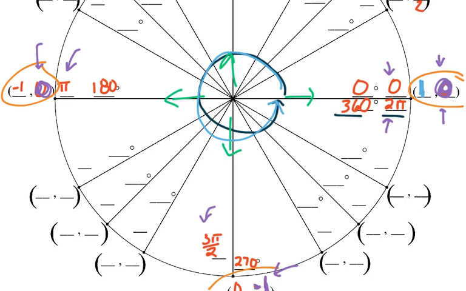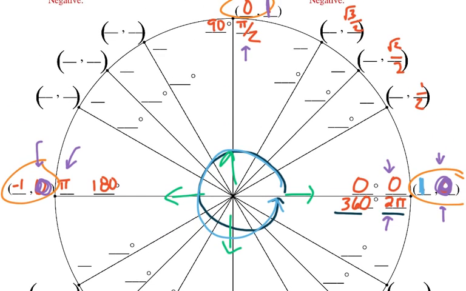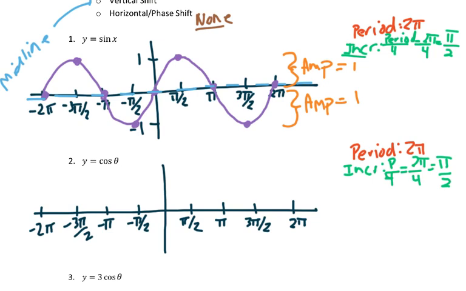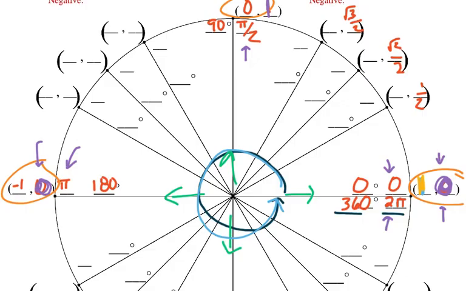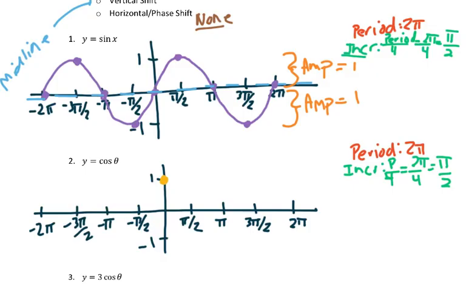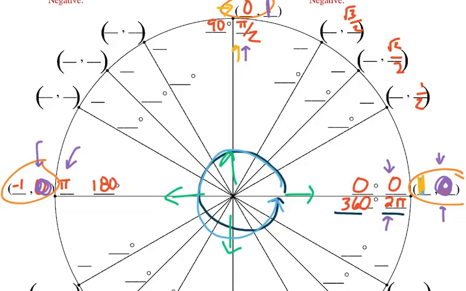All right, so now cosine is our x values. So here at 0 radians, it's at 1. So let's get our 1 and negative 1 here. At 0, it's at 1. At pi over 2, it's at 0. At pi, it's at negative 1.